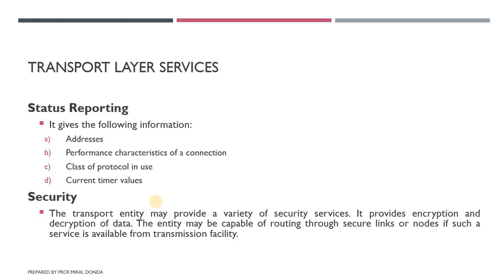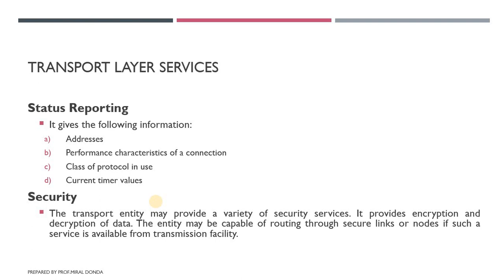Next is security. The transport entity may provide a variety of security services. It provides encryption and decryption of data. The entity may be capable of routing through secure links or nodes if such a service is available from the transmission facility.